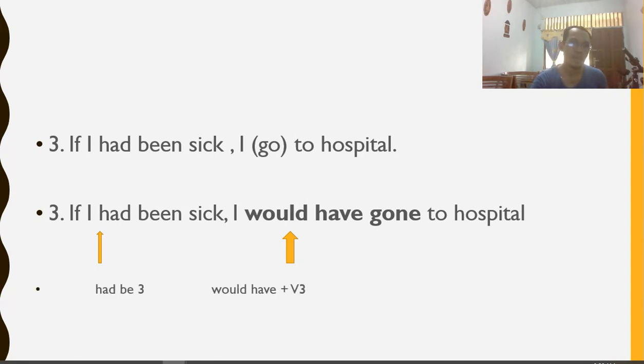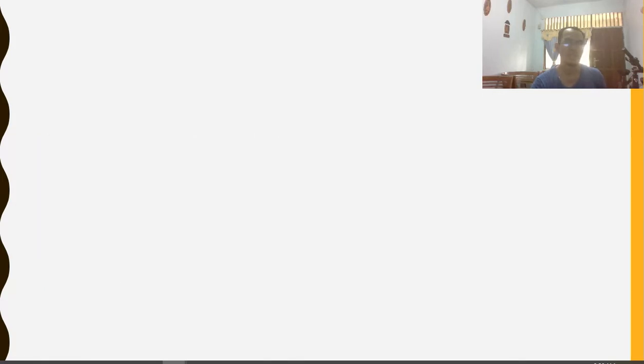Remember, had been in the if clause uses had be 3, or it is similar with had plus verb 3 or past participle. So the answer uses would have plus verb 3. From the word go, we changed into gone. This is conditional type 3.